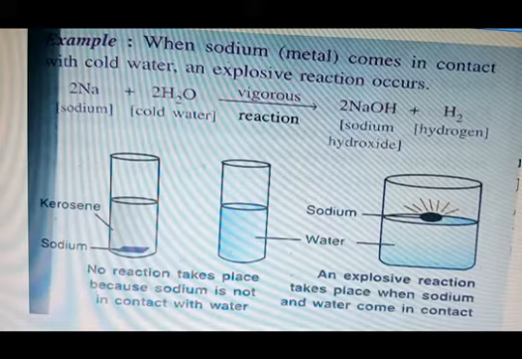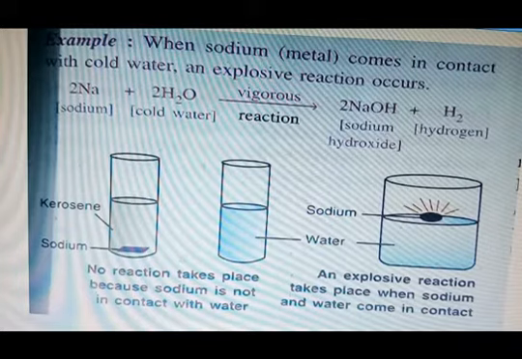For example, you can see in this figure, in one container there is kerosene oil, and in that kerosene oil sodium is immersed. That means sodium is kept in kerosene oil. And in the other container, there is water, but they are not mixed, they are kept separated.